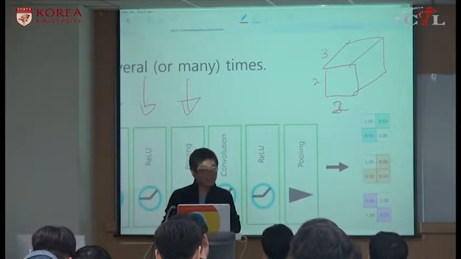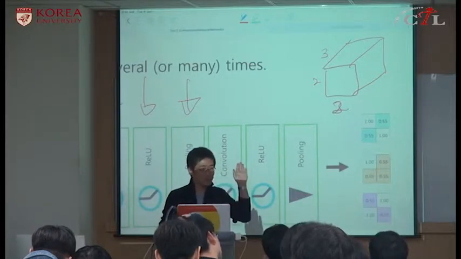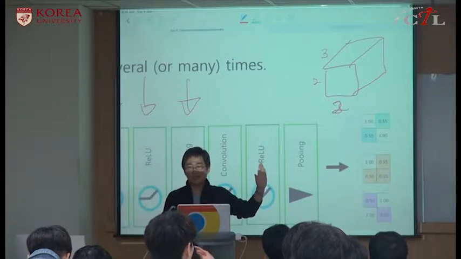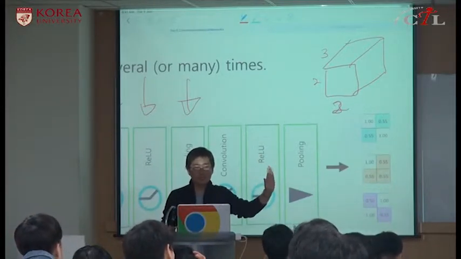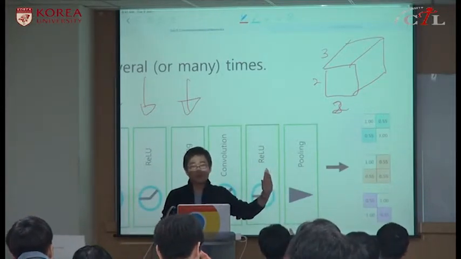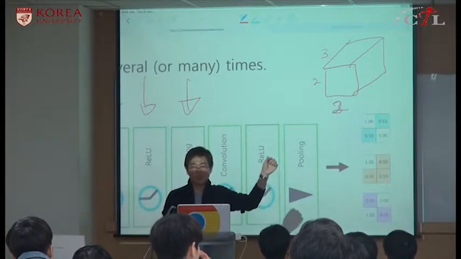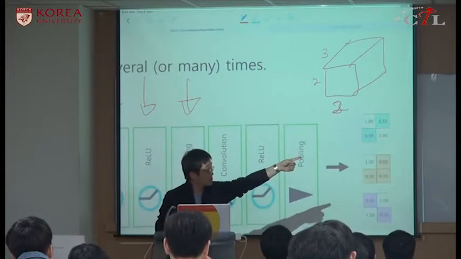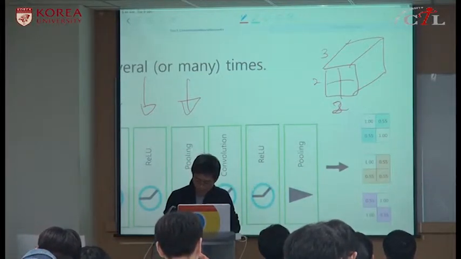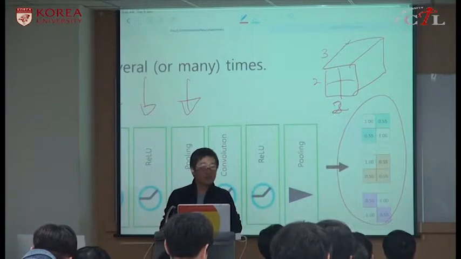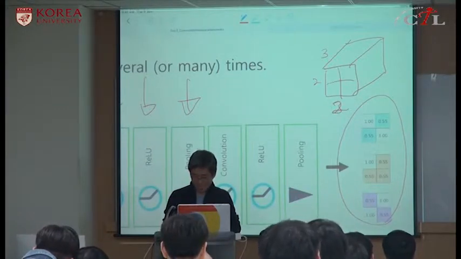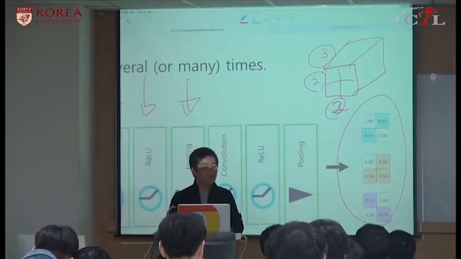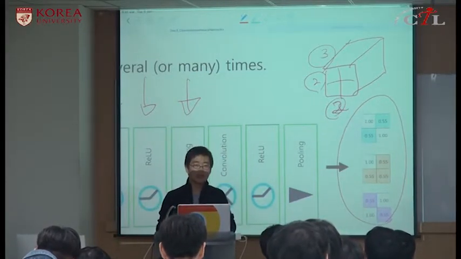Okay, and in that case we now change into the fully connected layer phase. So at some point we no longer use a convolutional layer, but we just apply the fully connected layer. And how do we represent all this 2 by 2 by 3 tensor-shaped array as one single vector, right?